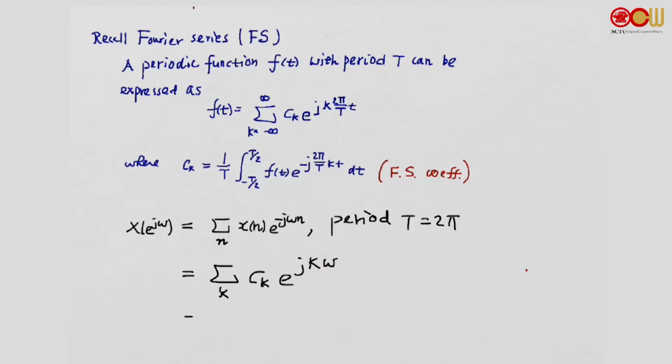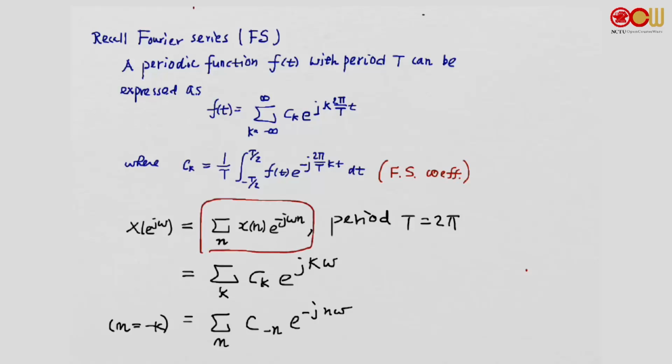We can write it using n equal to minus k, then this is c_{-n} e^{-jnω}. And we can compare this one and this one, and we see the exponential function part is the same. So the coefficient x[n] is equal to c_{-n}.